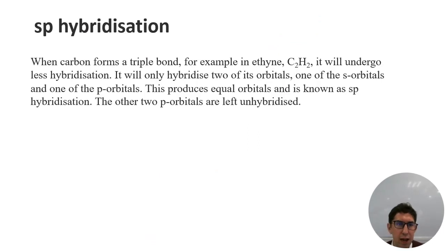And then finally we have sp hybridization. Sometimes carbon forms a triple bond, for example in C2H2. It's going to undergo less hybridization because this time we only have 2 equivalent orbitals. So let's have a look.